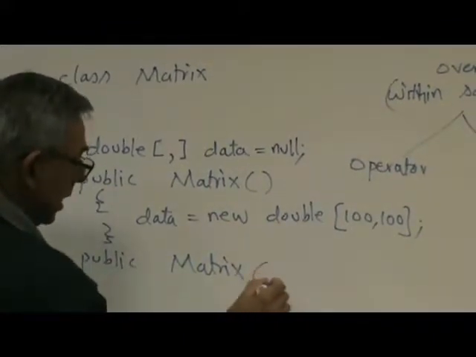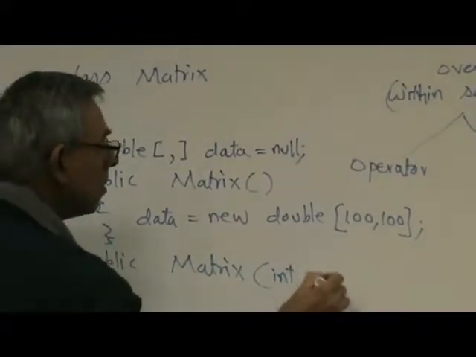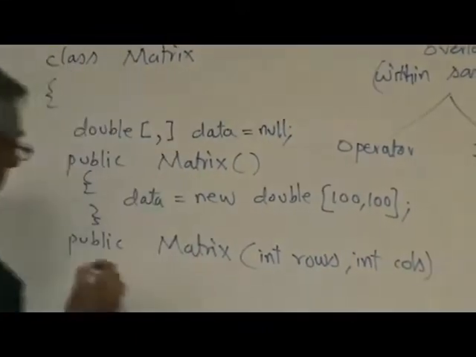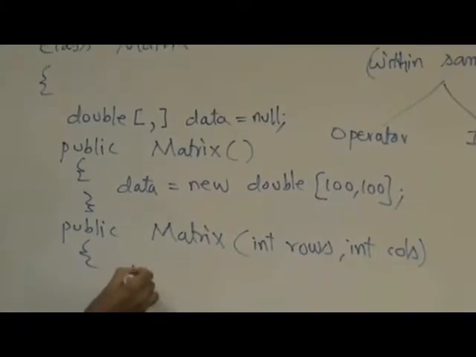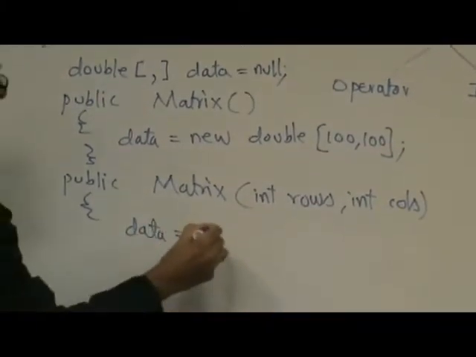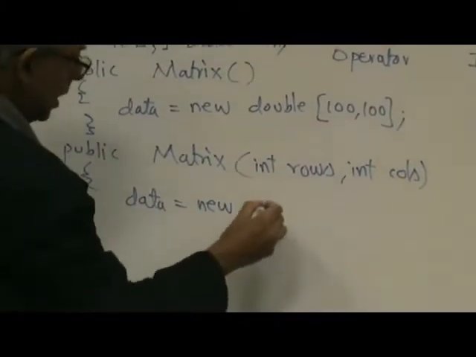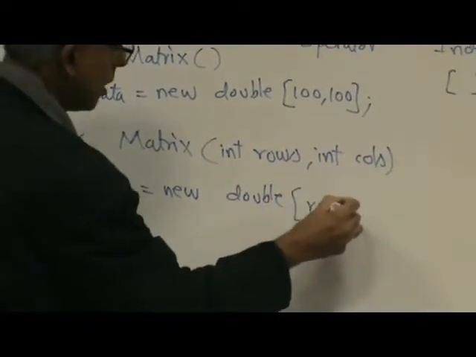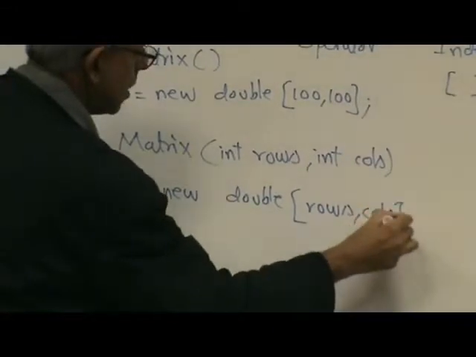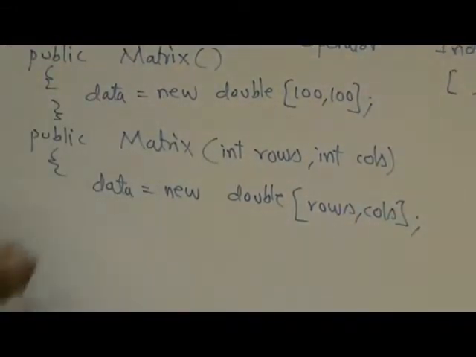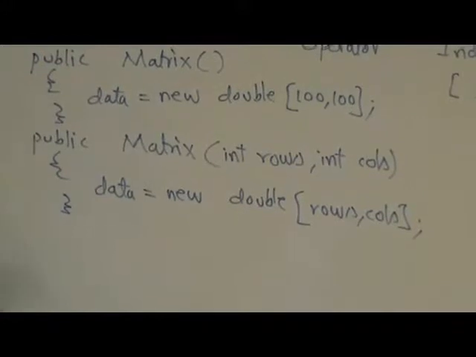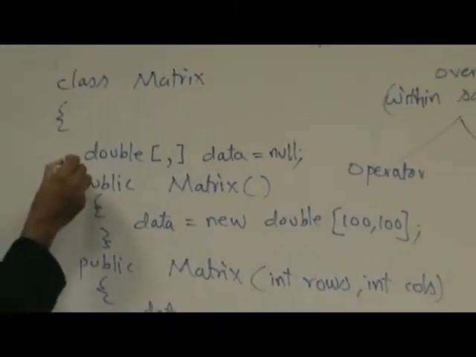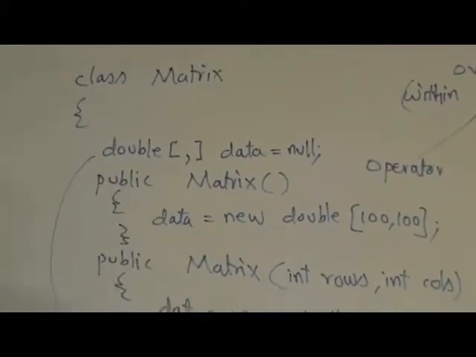We can say int rows, int columns, okay? And we can say data equal to new double of rows, comma, columns, correct? Okay, so this would be one way of writing it, right? And also pretend we exposed this as a public property.